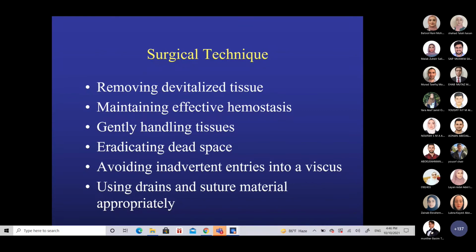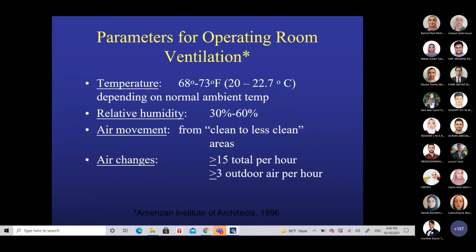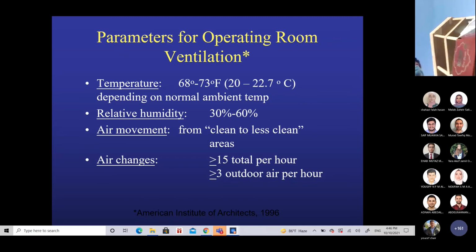So you can do a colectomy or gastrectomy or whatever. It's well known nowadays that laparoscopic surgery is associated with decreased or minimal risk of surgical site infection compared to open. So these are surgical specific factors.